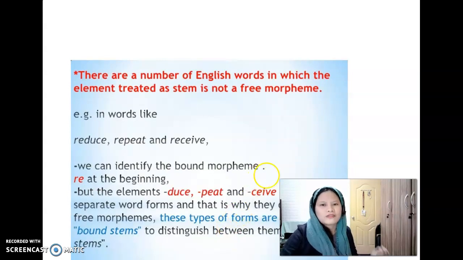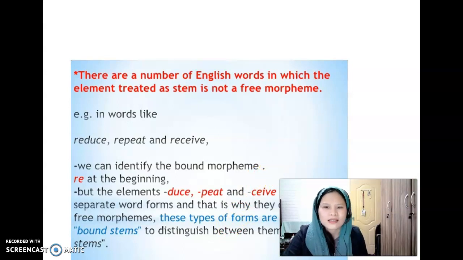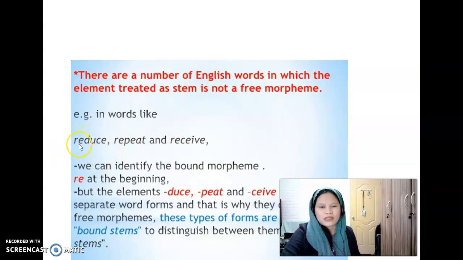There are a number of English words in which the element treated as the stem is not a free morpheme. For example, in words like reduce, repeat, and receive. This cannot stand alone even if you take out the re, because usually when we say re, our first impression is that it's a bound morpheme, but it's not.